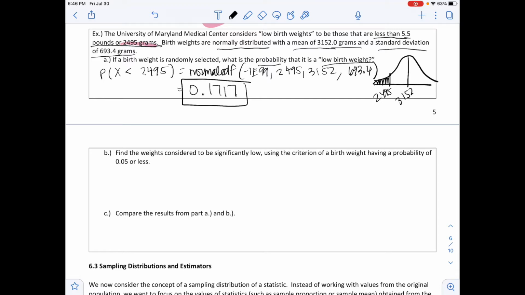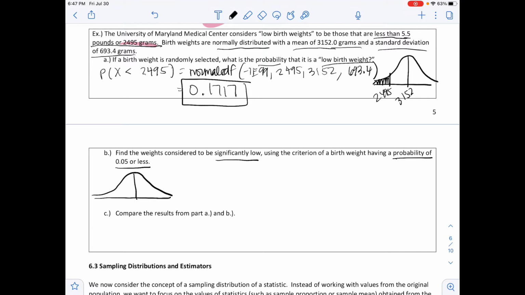Part B says find the weights considered to be significantly low using the criteria of birth weights having a probability of 0.05 or less. So in order to do this, I'm going to go ahead and draw my bell-shaped curve so we get an understanding of what's going on.